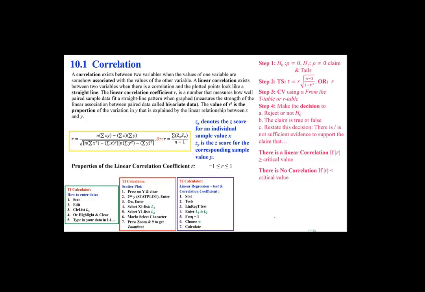The thing you want to remember is the idea of the t, and how you arrive at it: t is R times the square root of n minus 2 over 1 minus R squared. And by the way, the two are the same. If you look at the formula, the next one says R over the square root of 1 minus R squared over n minus 2. I hope you see that the two are the same. Let me just show you that.